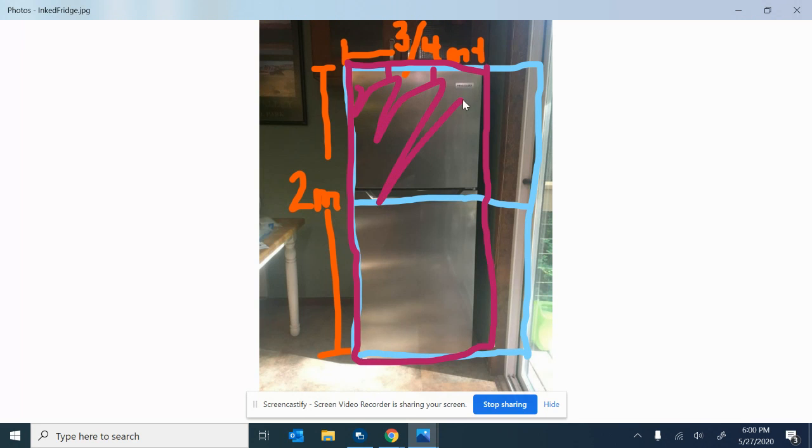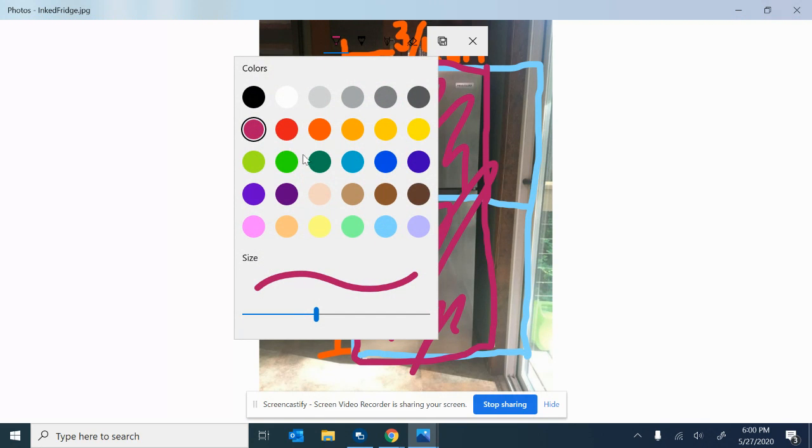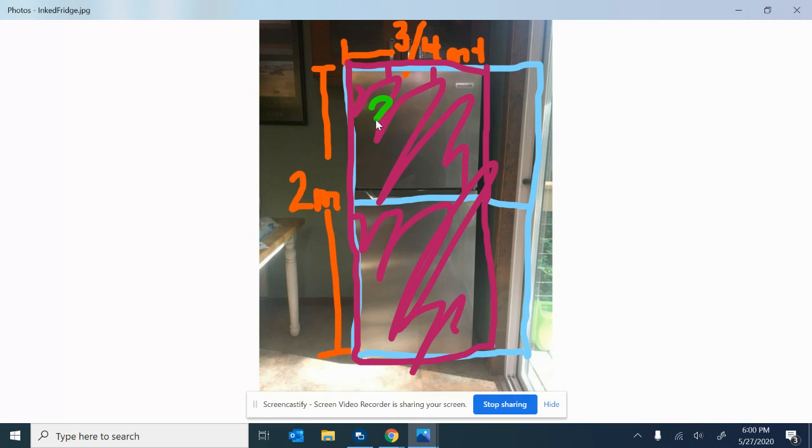So 3/4 of a meter here, 3/4 of a meter here. 2 meters total would be 8/4, right? And this is 1/4 and 1/4. So 3/4 plus 3/4 is going to be 6/4 of a meter, right? 3/4 here, 3/4 here.